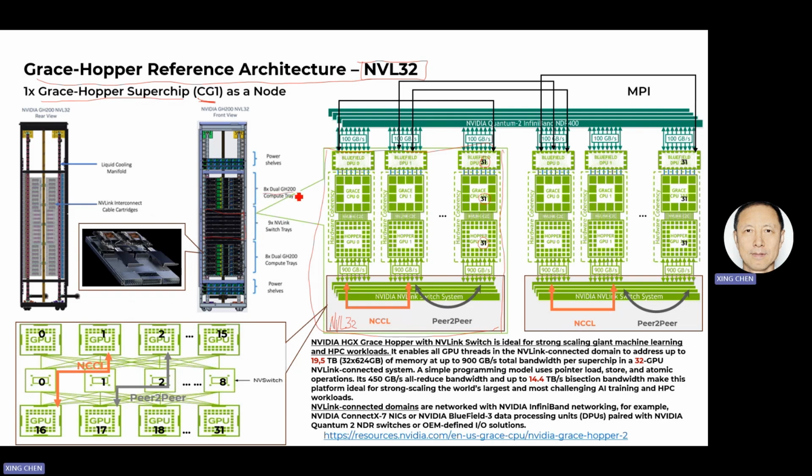We have 8 dual GH200 compute trays, and we have another 8 compute trays down there. You have 16 compute trays, and each compute tray has 2 nodes, so you have 32 nodes, which is the 32 for NVL32, okay.